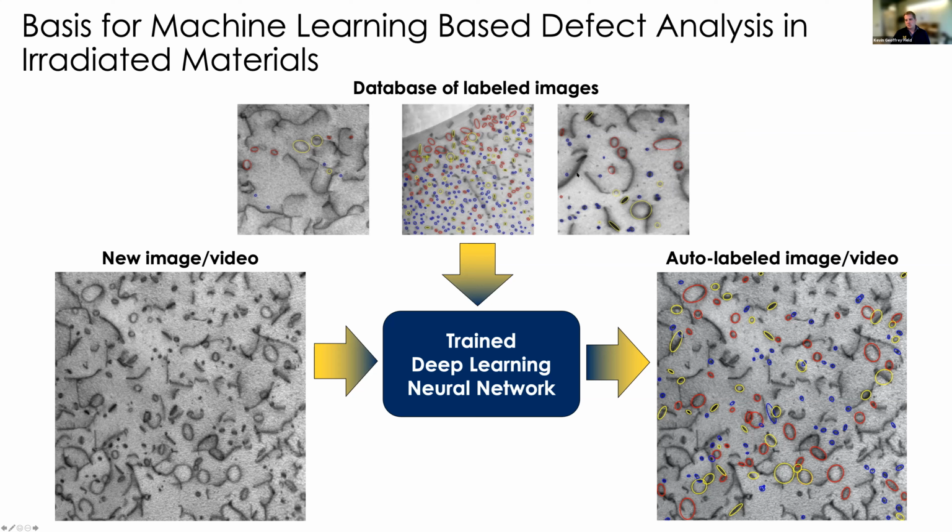This was before I was a professor and sat in an ivory tower and told other people what to do. We labeled these. You then put that into the deep learning network, right? So this is called the training phase. It will learn your labeling to a certain percentage. And then once it has reached a specific learning rate, you stop it, and then you can input a new image, and then you'll get an auto label image off the back end.